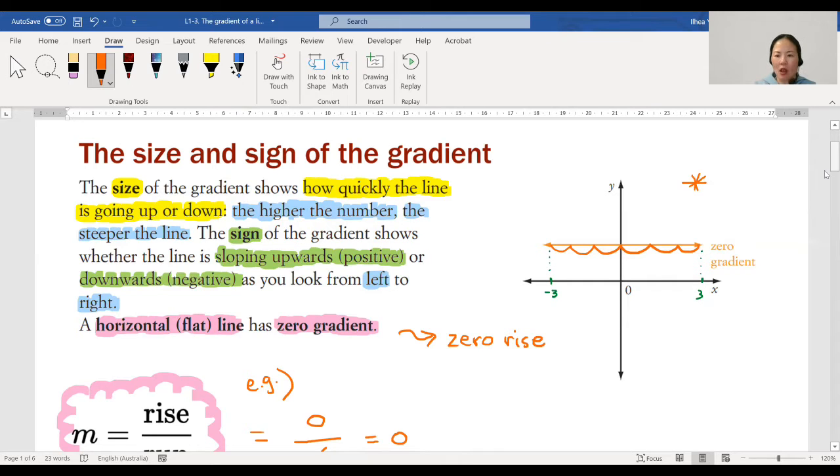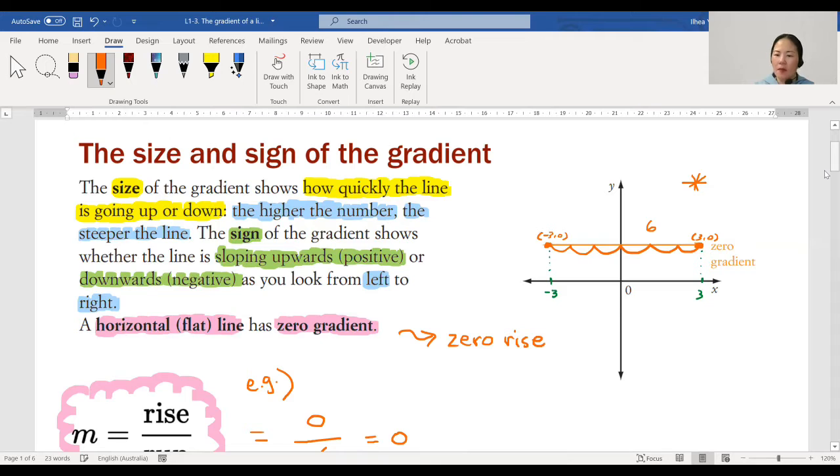If this wasn't a line, if this was an interval, and this point was -3 and 0, and this was 3 and 0, what's the distance from here to here? If I just count the space in between, it would be 6.